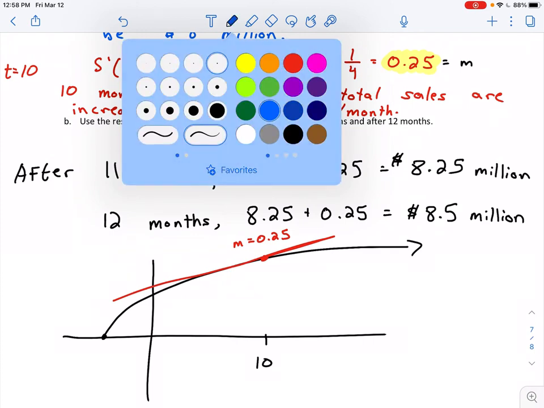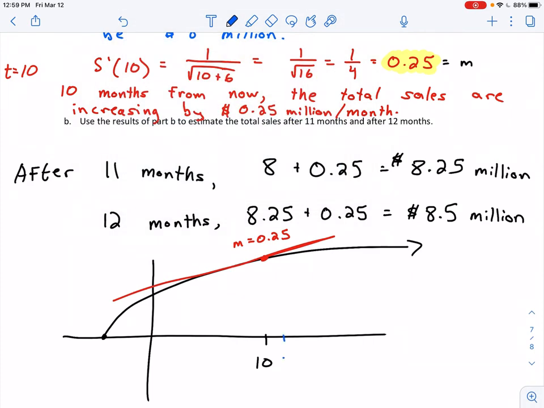So if I was to look at, say, 11, it's not going to be that far off. We're just a little bit above where we should be, but we're relatively close. At 12, we're still a little bit close, but we have certainly gotten a little bit farther away.